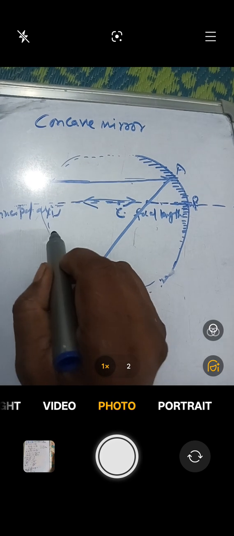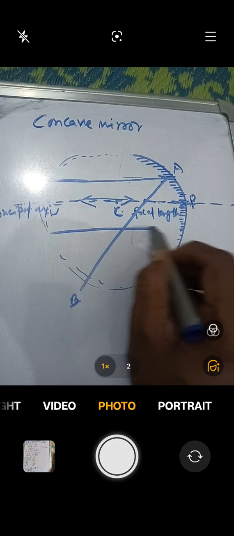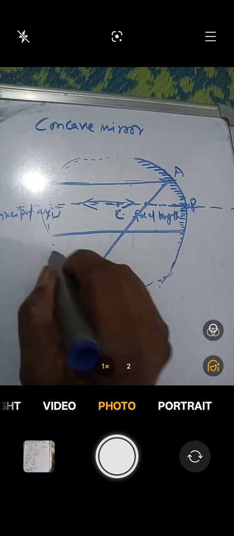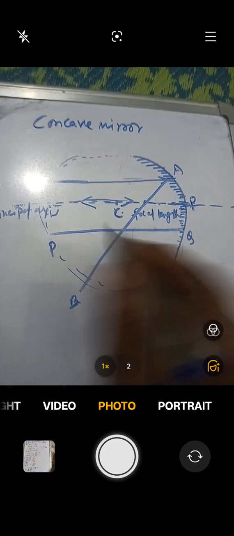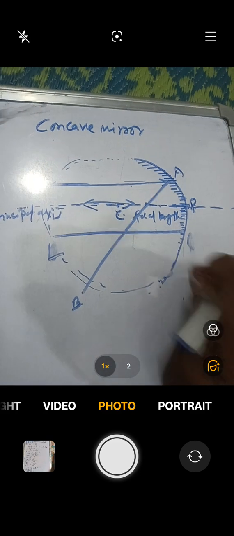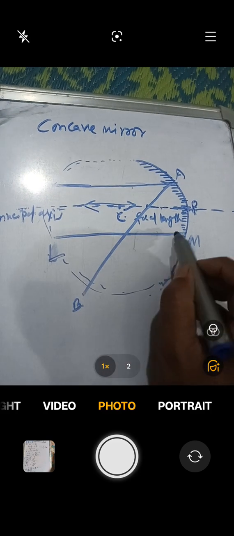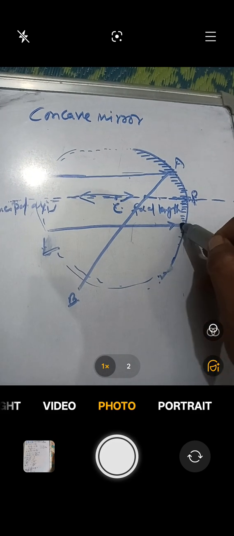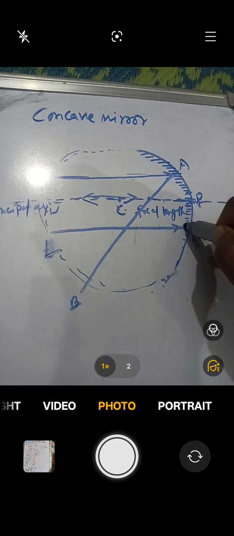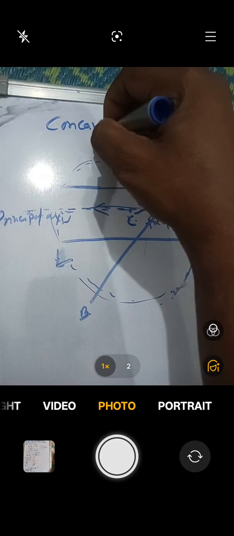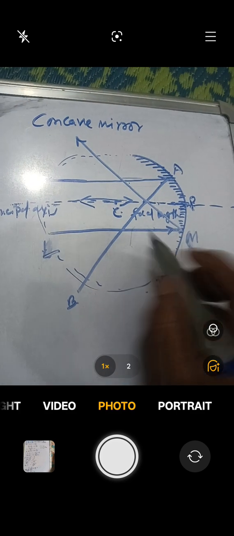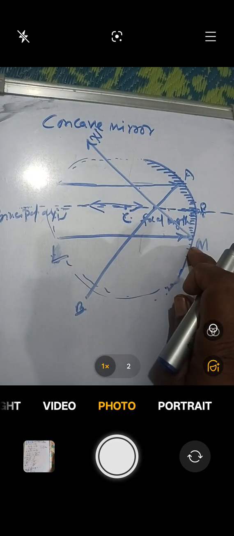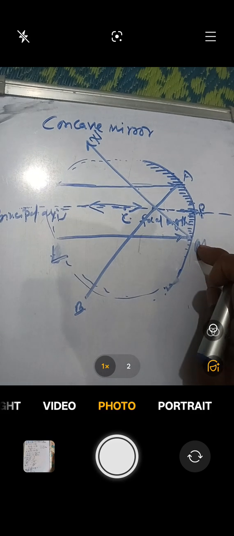Suppose there is another incident ray LM falling on the concave mirror and it gets reflected and passes through the same point. Suppose this is N. LM is the incident ray and after reflection it took the path MN.